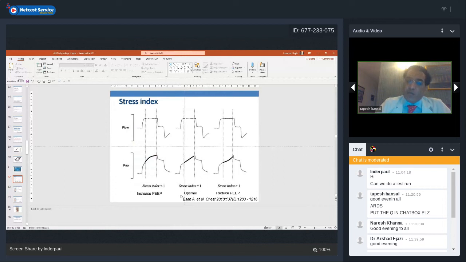When you inflate the lungs, there's a pressure in the lungs, and this pressure is actually the negative of the transpulmonary pressure. You are putting a pressure on the lungs while you're inflating, so there's a force. Now the force coming back into the lungs is the stress. Action is equal to reaction, like Newton's third law has described. So that is the stress in the lungs. Carry on, sir.